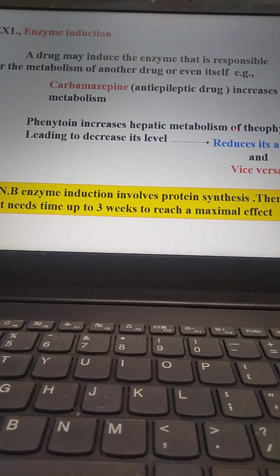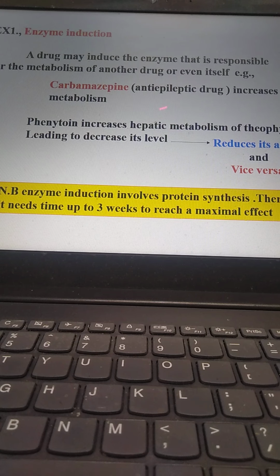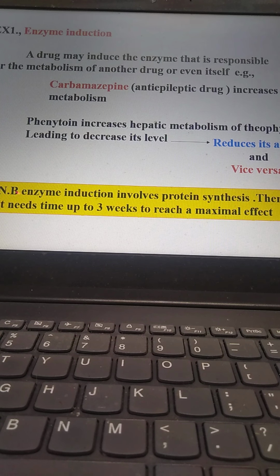Phenytoin increases hepatic metabolism of theophylline, leading to decreased levels and reduced action, and vice versa. So phenytoin and theophylline reduce each other's plasma concentration. For theophylline we have to give more phenytoin, or for phenytoin we have to give more theophylline, in order to achieve the therapeutic range.